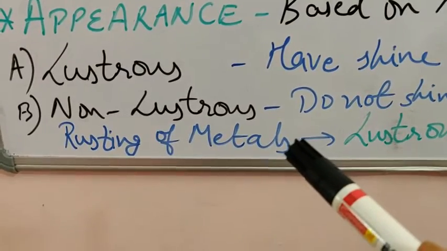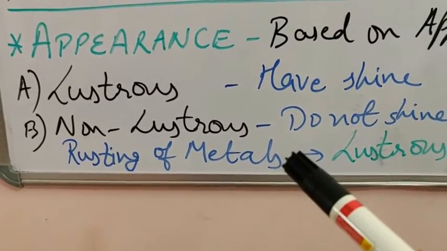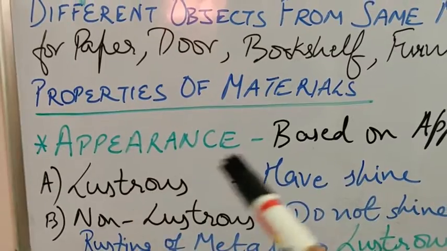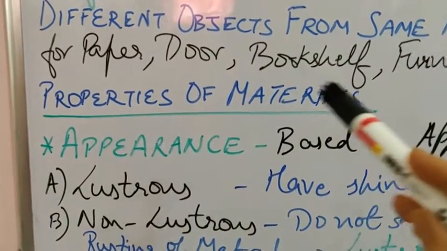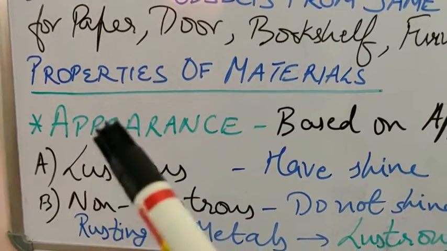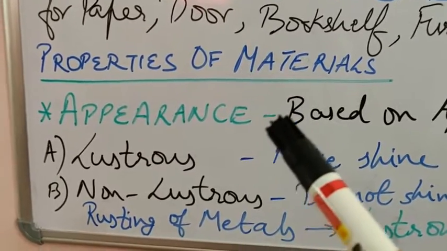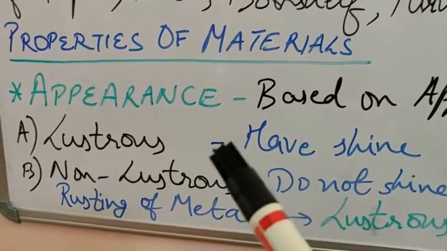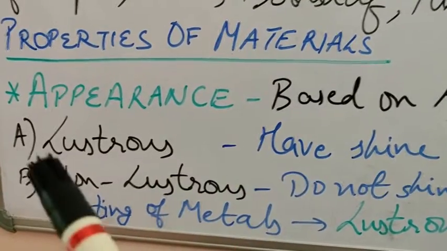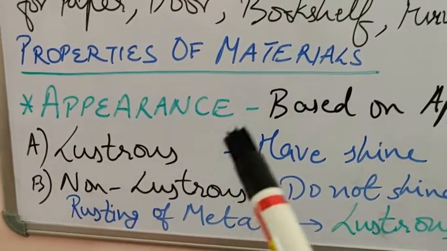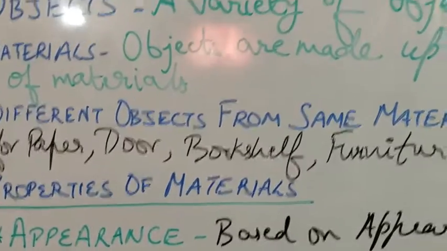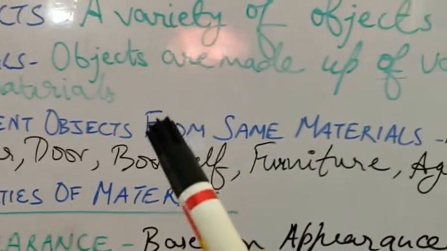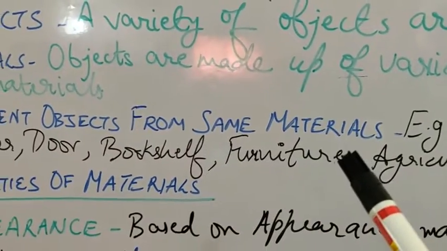So students, I hope you have understood today's topics very well. That is appearance, which is a property of materials and that makes some metals useful for us, like your gold, silver. Then diamond is also very useful for us, but it is not a metal. That is because of its luster or shine. And you have understood that different objects are made from the same materials.